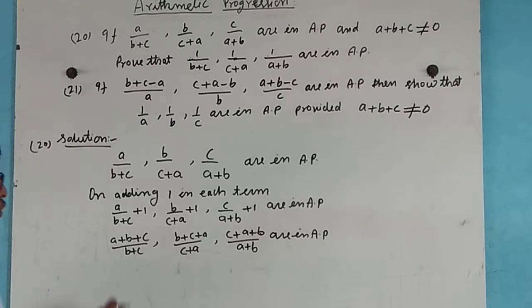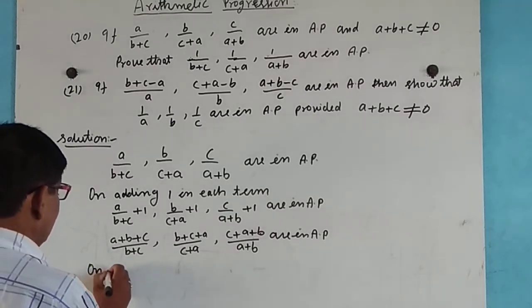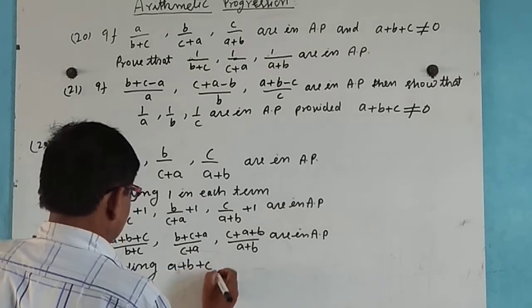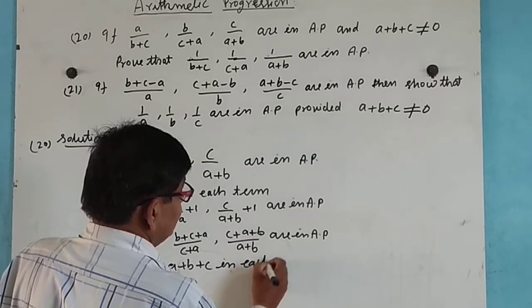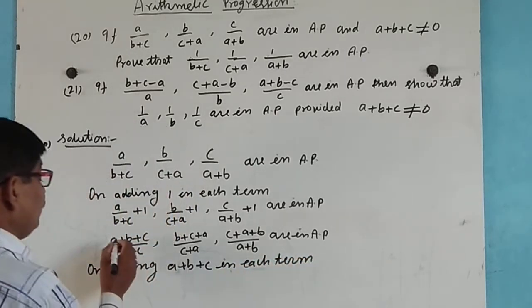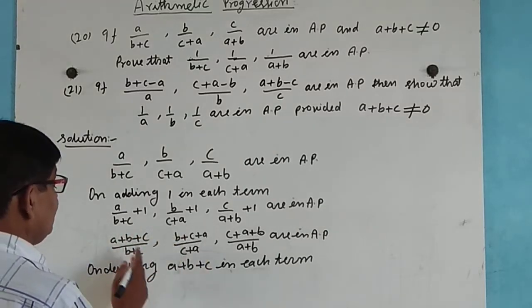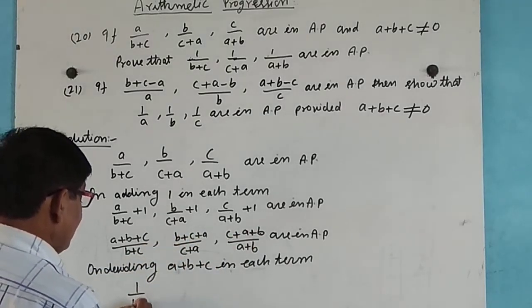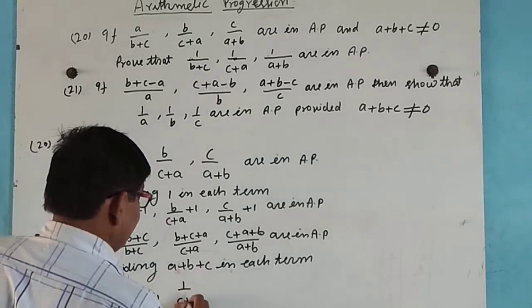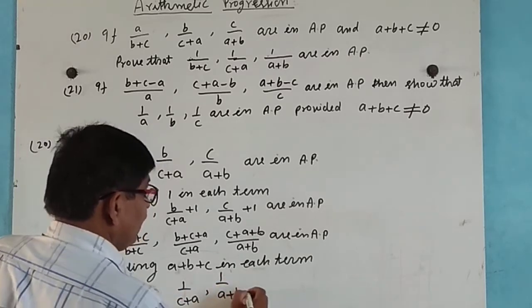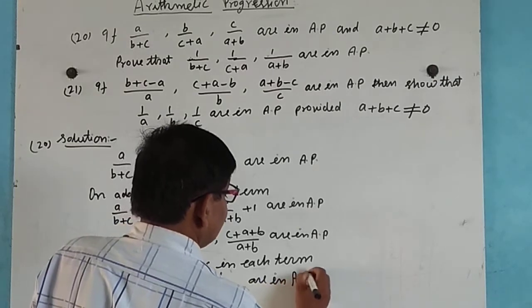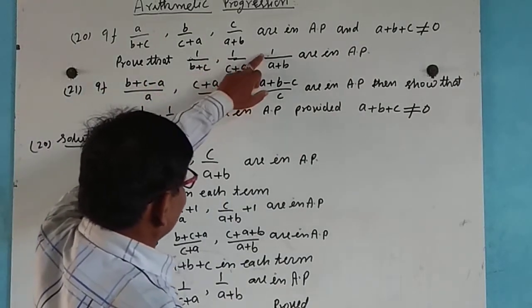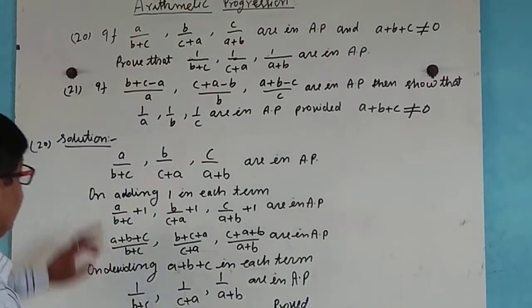So on dividing a plus b plus c in each term, this cancels: a plus b plus c, b plus c plus a, c plus a plus b, so that we get 1 by b plus c, 1 by c plus a, 1 by a plus b are in AP. Proved. Now the second problem.